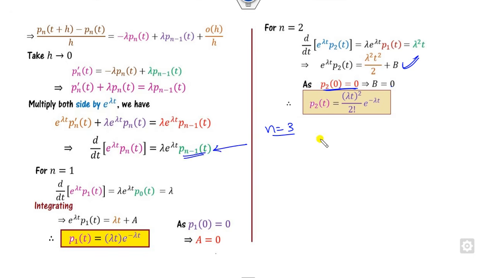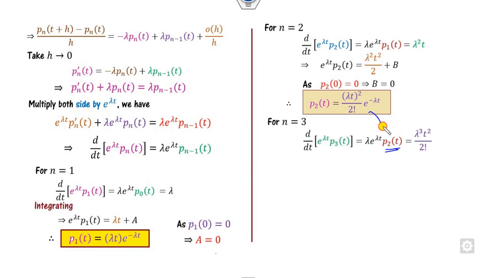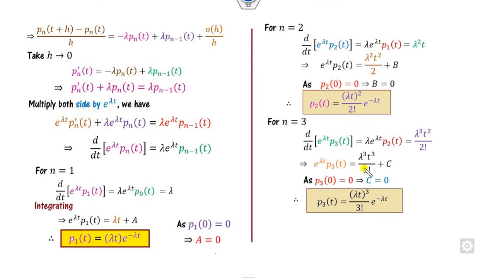This becomes P2, and we can substitute the value of P2 here. Integrating on both sides with respect to t, we will get here. Again P3 at 0 is 0. What is the meaning of that? c is 0. So clearly P1 is this, P2, P3. In general we can write it like this.